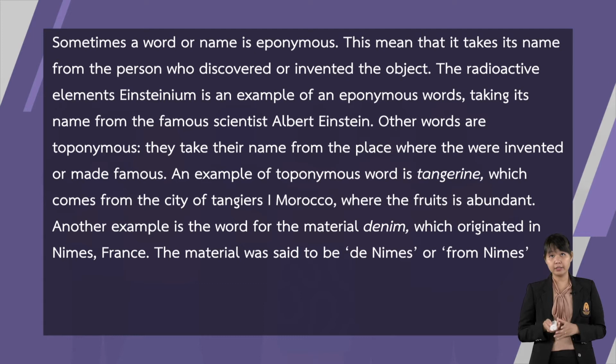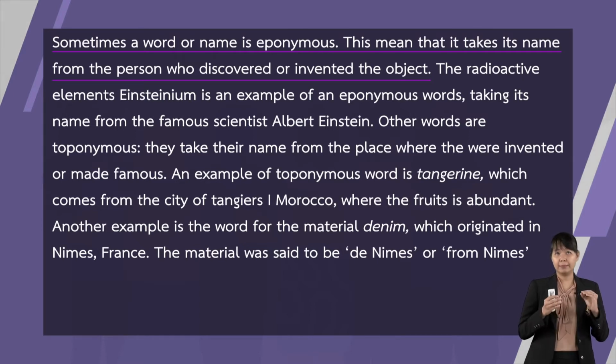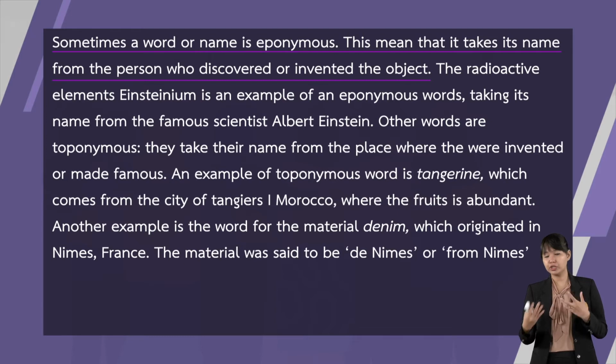Next, paragraph 2. Look at the first sentence: sometimes a word or a name is eponymous. We don't know what eponymous means, so we read on: this means that it takes its name from the person who discovered or invented the object.